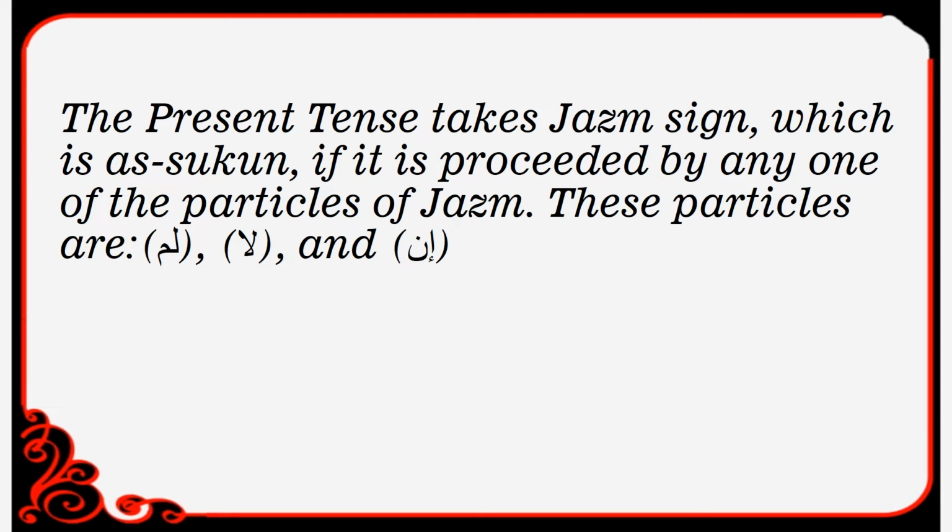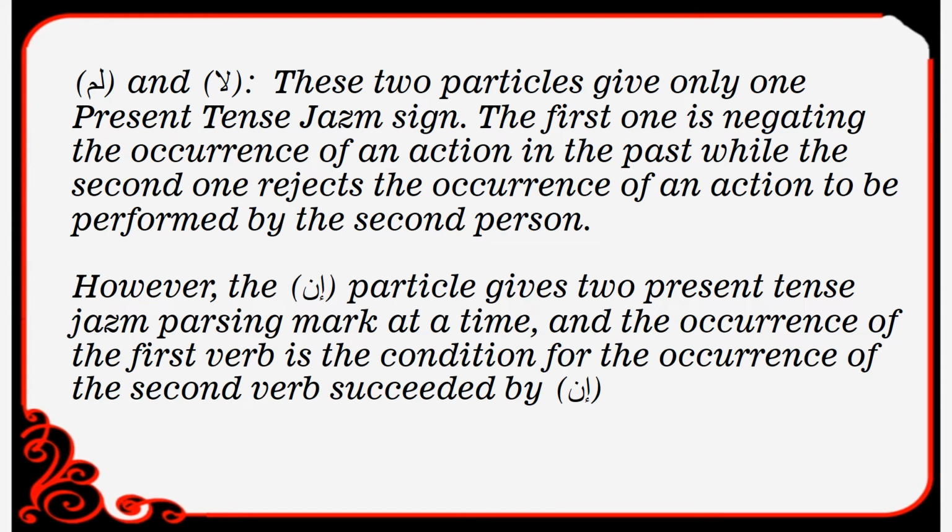These particles are lam, la, and in. Lam and la. These two particles give only one present tense Jazm sign. The first one is negating the occurrence of an action in the past, while the second one rejects the occurrence of an action to be performed by the second person.